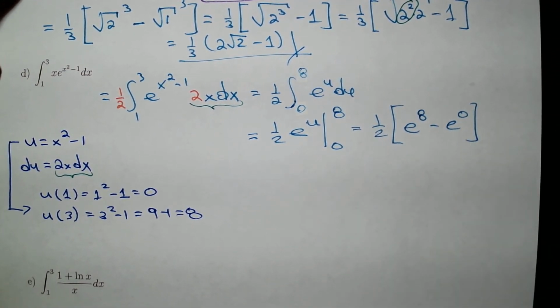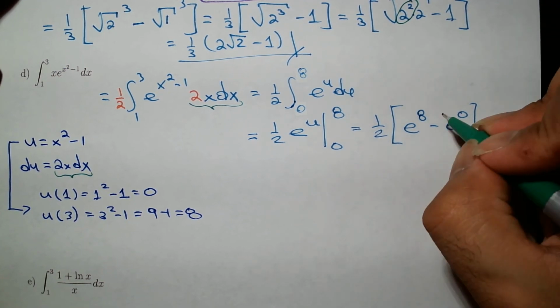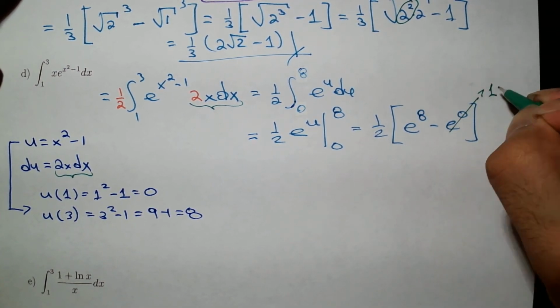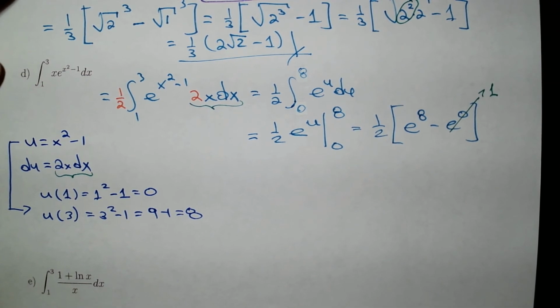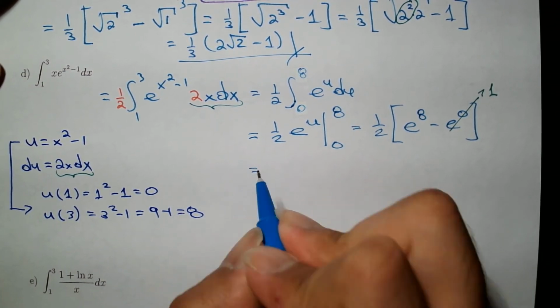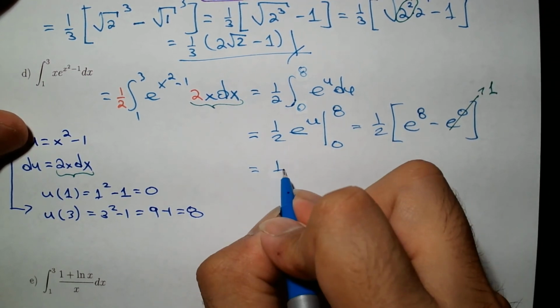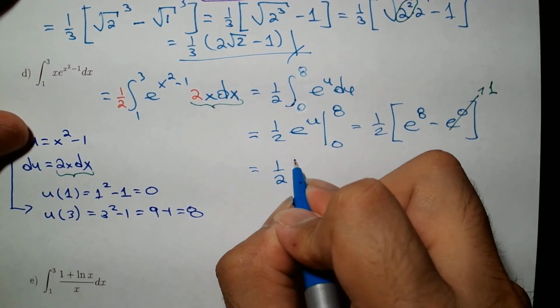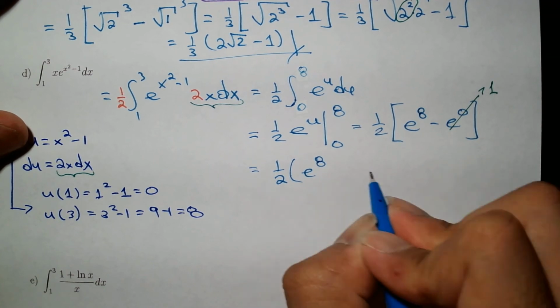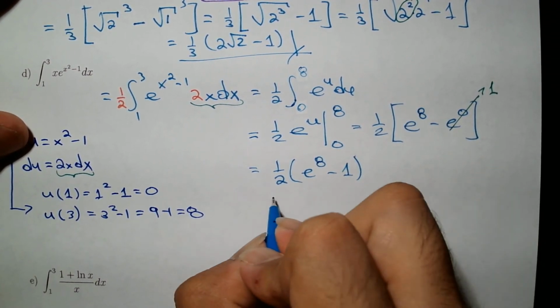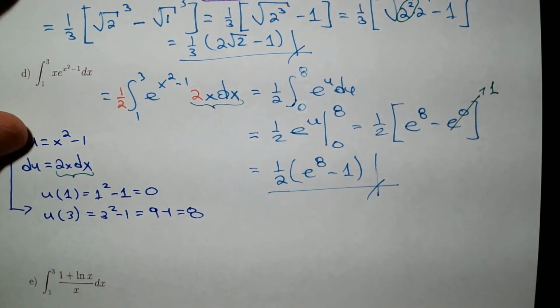E to the 8, just leave it like that. However, e to the 0, you might want to express that as simply 1, because any quantity to the 0 power is 1. So we're going to have as a final answer 1/2 of e to the 8 minus 1. Okay.